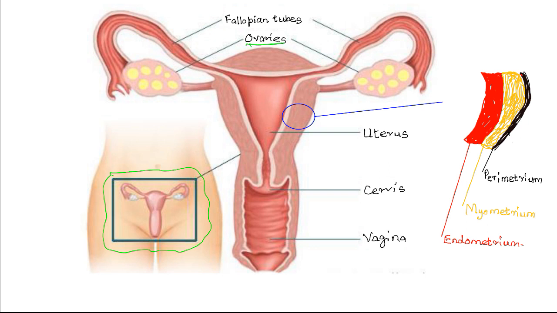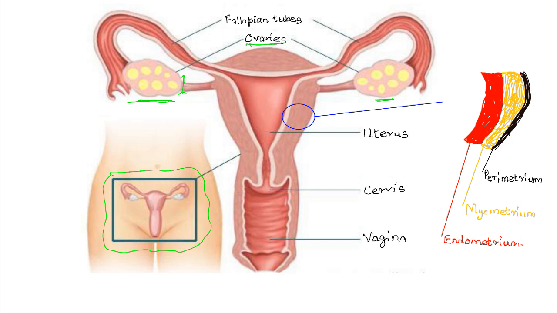There are two ovaries. The left ovary and the right ovary. The ovaries are oval in shape and they measure between 3 to 5 centimeters long and 2 to 3 centimeters wide.